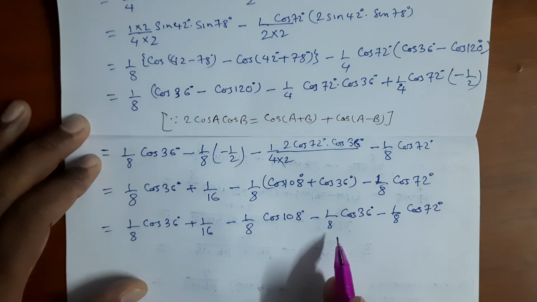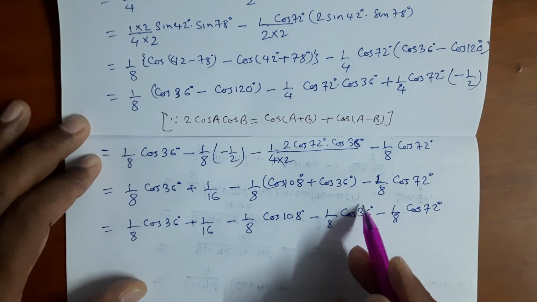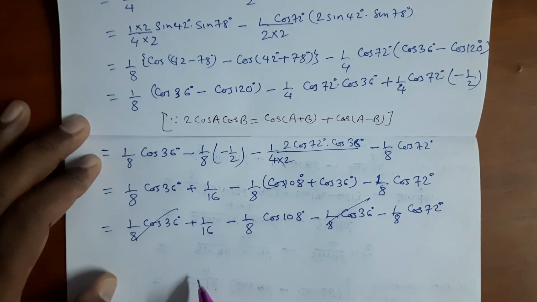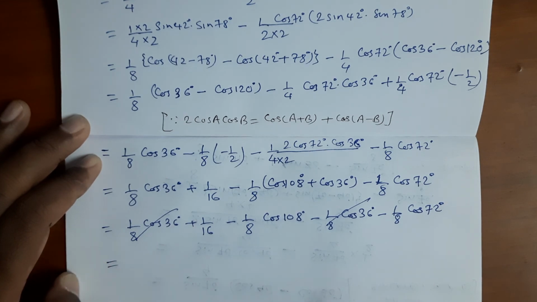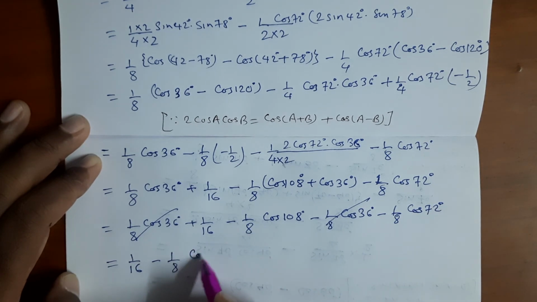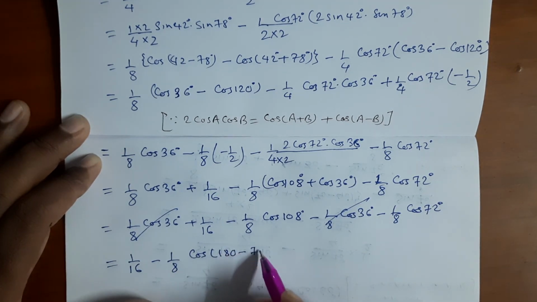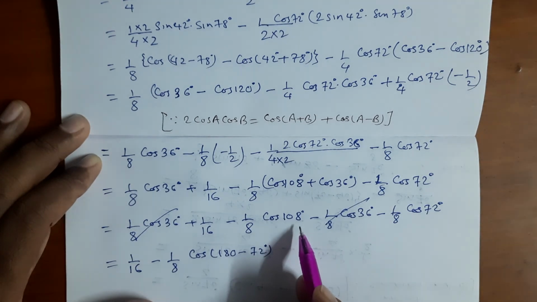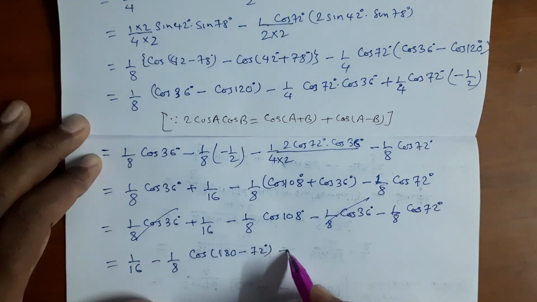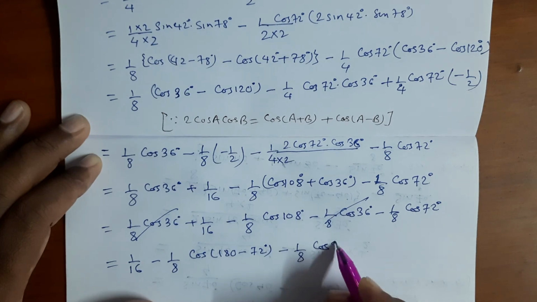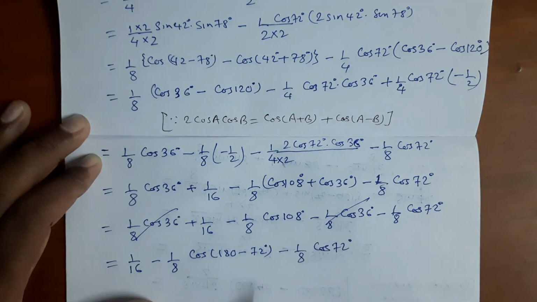And now this minus 1 over 8 cos 36 degree, this minus and this plus can be cancelled, and we have this 1 over 16 minus 1 over 8. This cos 108 degree we can write cos(180 minus 72), because 180 minus 72 is 108, and at last we have minus 1 over 8 cos 72 degree.